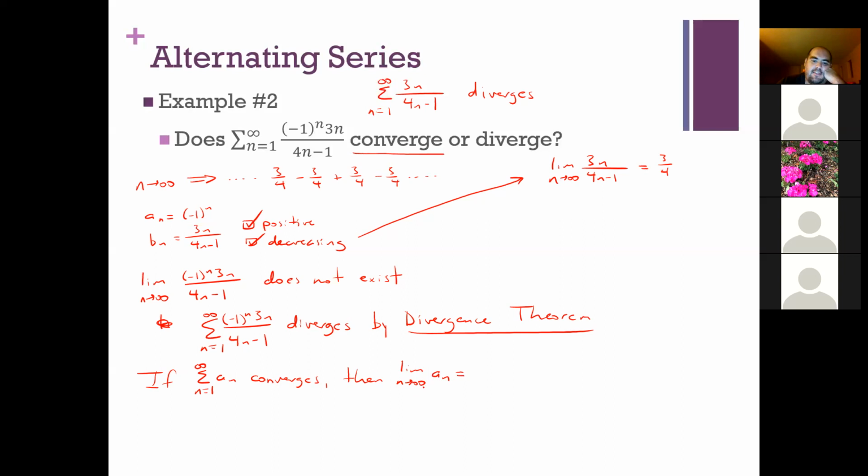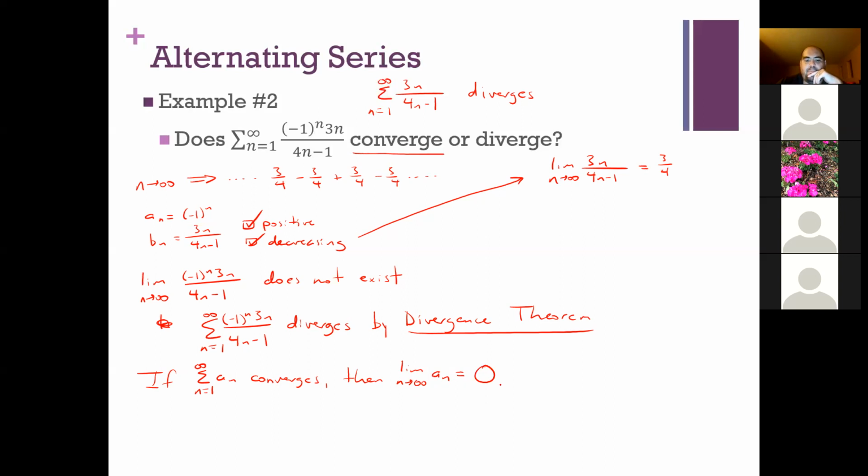What has to be true about that limit? Zero. Yeah, the limit exists, but it better be zero.